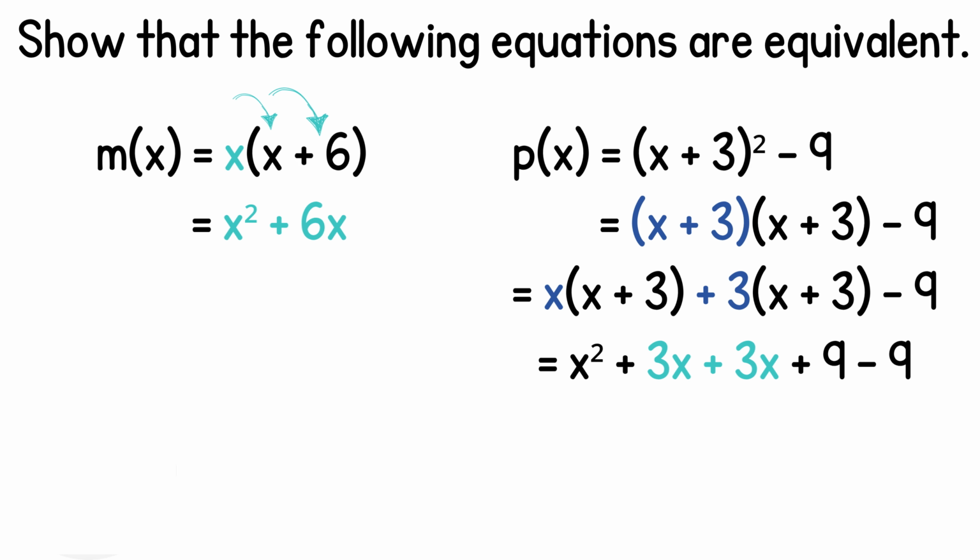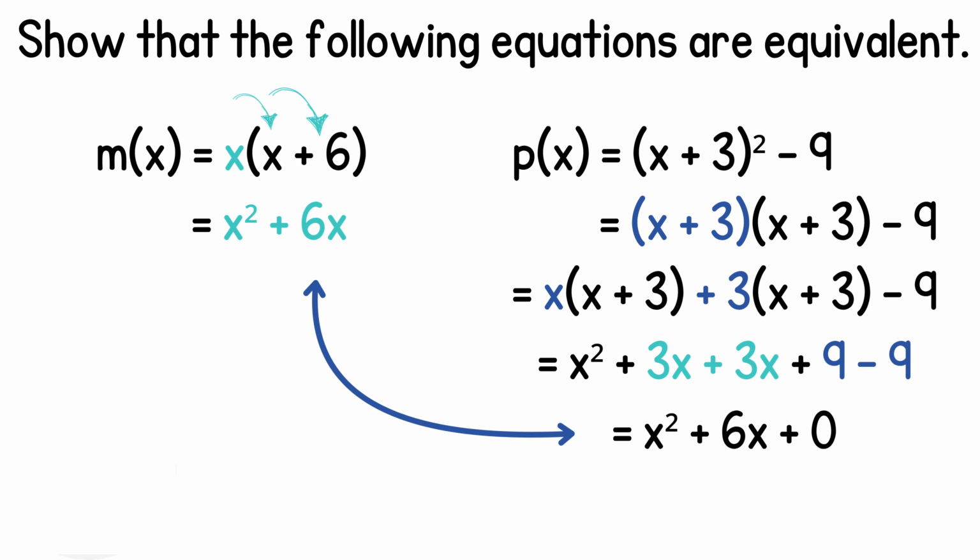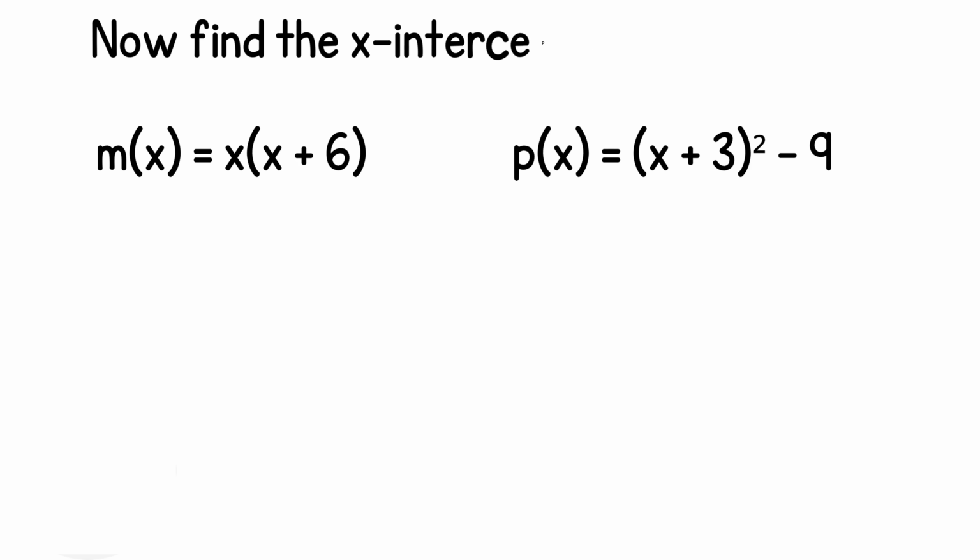We can combine our like terms of x by adding 3x and 3x, and we can combine our constant terms of positive 9 and negative 9. So this will give us x^2 + 6x + 0. And now we can see that this matches our simplified version of m(x). So these are equivalent.